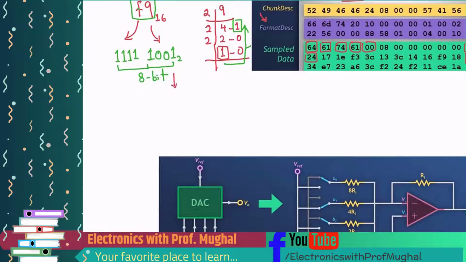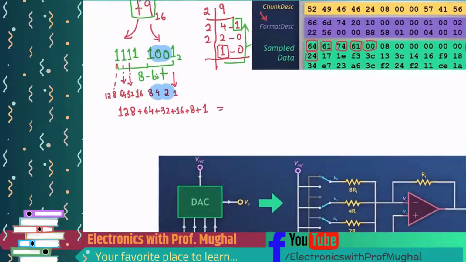This bit represents 1, 2, 4, 8, 16, 32, 64, and 128. You only add the numbers for which the bit is set to 1. So 128 plus 64 plus 32 plus 16 plus 8 plus 1. I'm not adding the 2 and 4 because the value is 0 for those two.